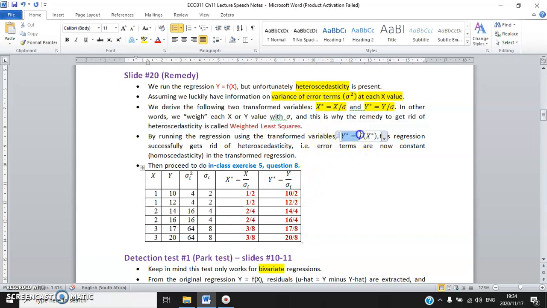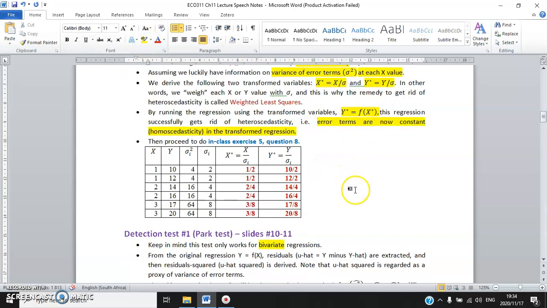And then we rerun the regression as y asterisk as a function of x asterisk. And in this transformed regression, we argue that we successfully get rid of heteroskedasticity. In other words, the error terms are now constant in this transformed regression.